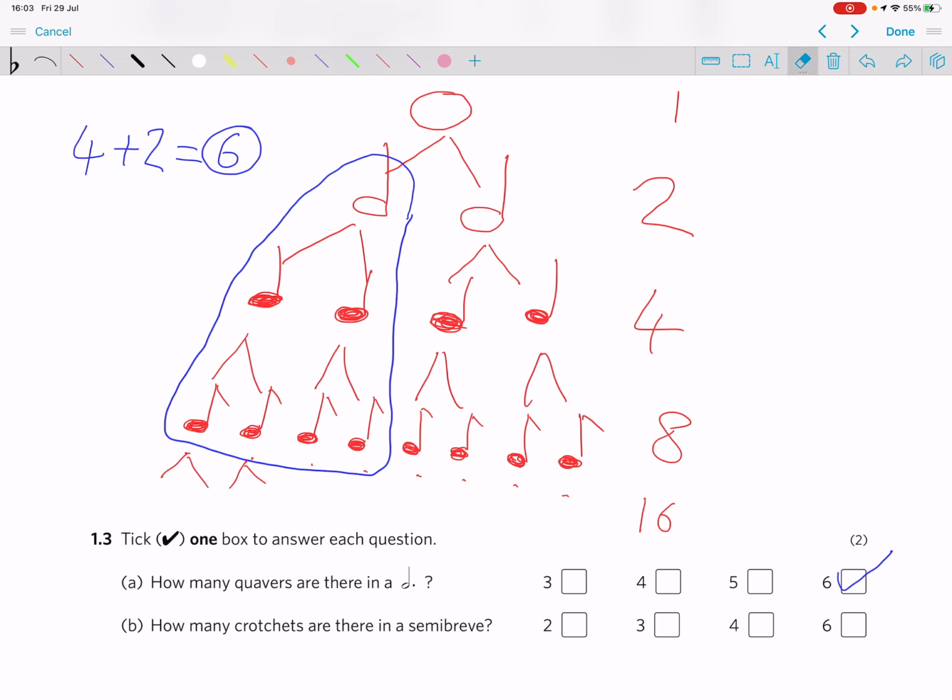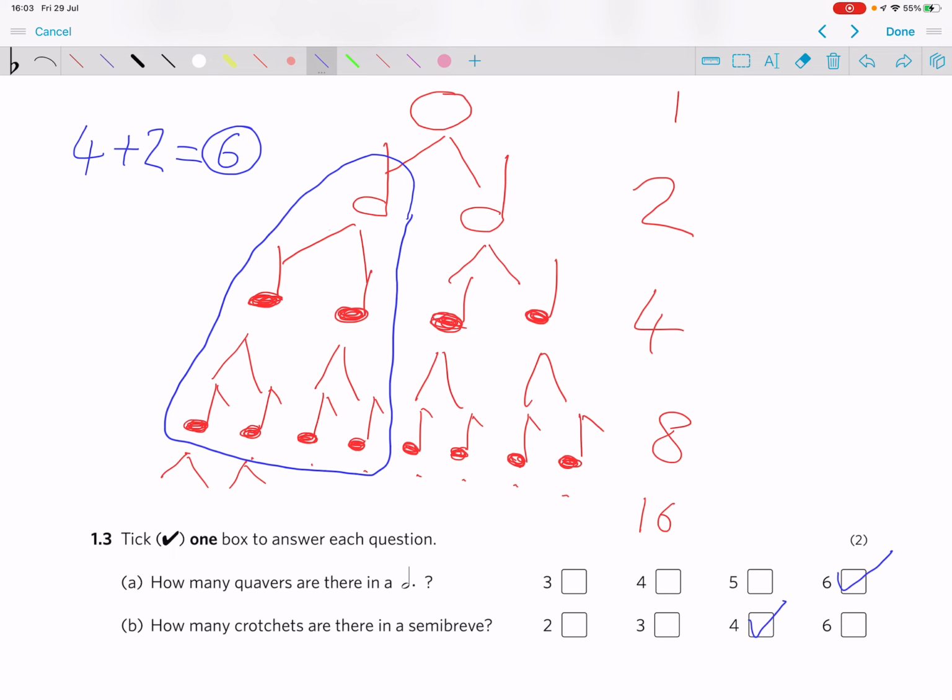Okay, now, next question. How many crotchets are there in a semibreve? Okay, easy peasy one. We're going to go and find our semibreve, which is there. And we're going to follow it down and cover every single crotchet that folds up and branches up into the semibreve. And then we're going to count them, but in this case we don't need to because it's already there for us, and the answer is 4, so we get to give that a tick.